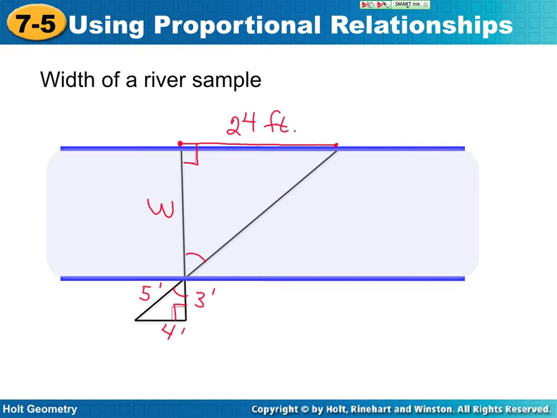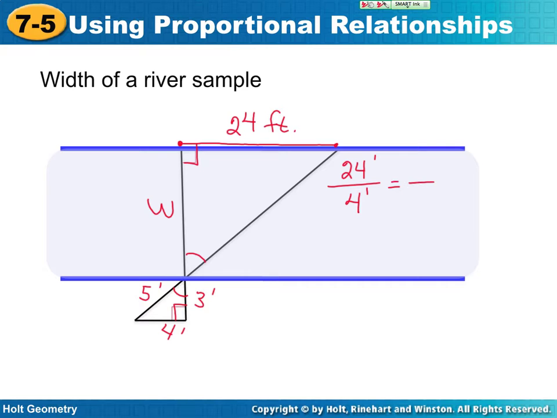It was just angle. Okay, so we can do ratios like we've been doing this whole chapter. What sides would be comparable in these similar triangles? 24 feet and 4. Is he comparing the right things? Yeah. Okay, 4 feet and 24 feet.